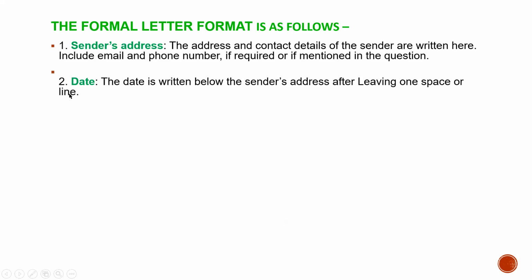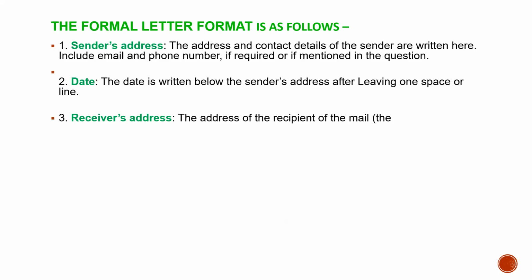The next is date. The date is written just below the sender address. After leaving a little space, then write the date. The third one is the receiver address, the address of the recipient of the mail or letter.